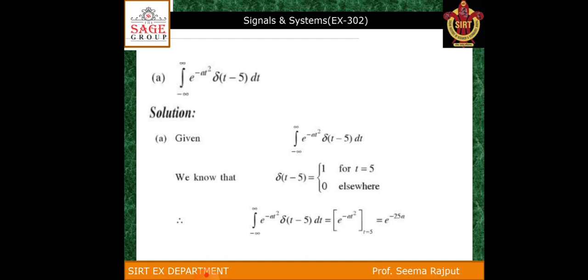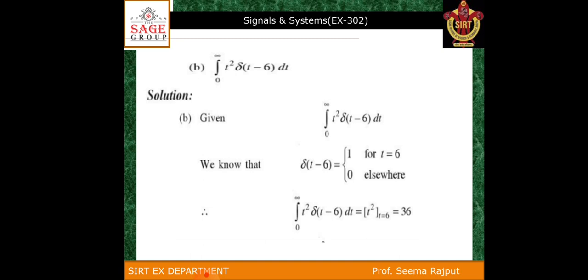Its answer is e to the power minus 200, because we put the value of t equal to 5, so t square is 25. That is its answer. Another example is integration from 0 to infinity of t square delta t minus 6 dt.